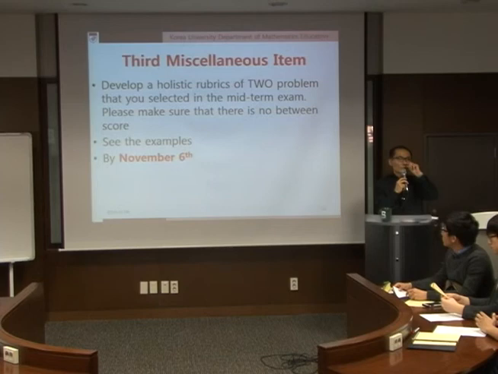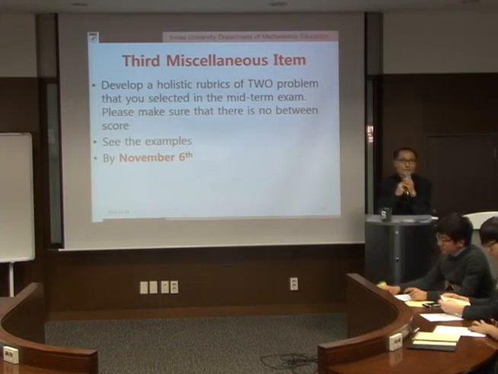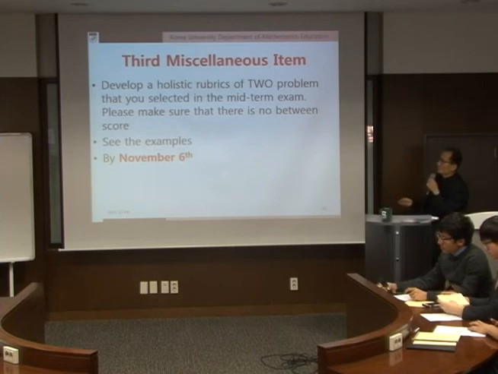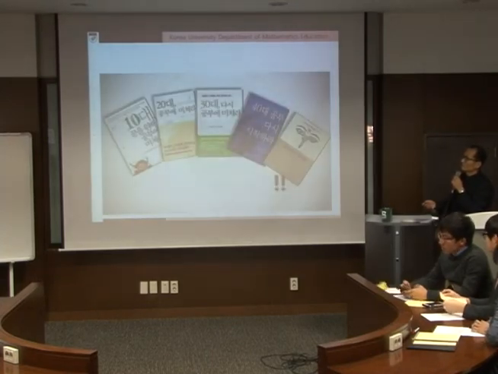Even though you cannot find all representative examples, your scoring should consider all possibilities. Make sense to you? Anyway, see the example by November 6th.